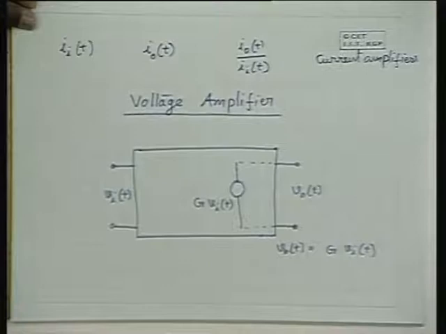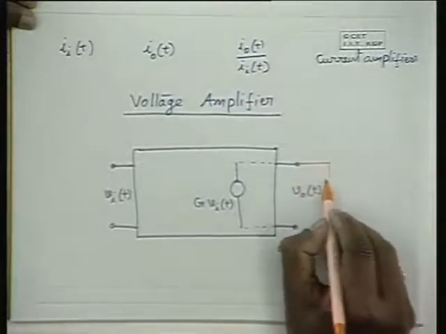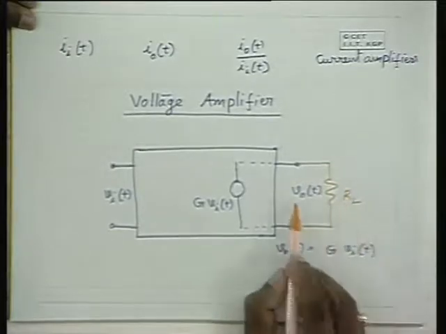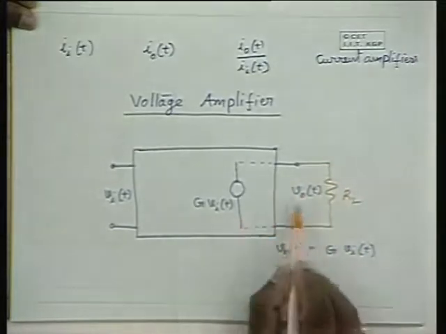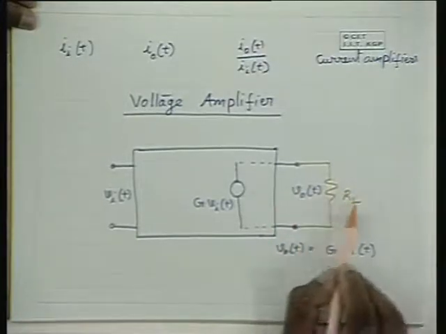But when you connect a load resistance, what do you find? Do you find the output voltage to remain constant at VOT independent of RL?